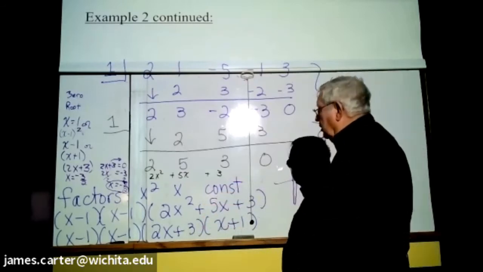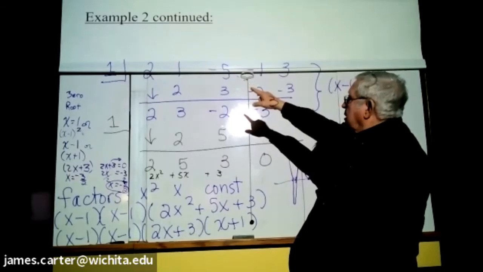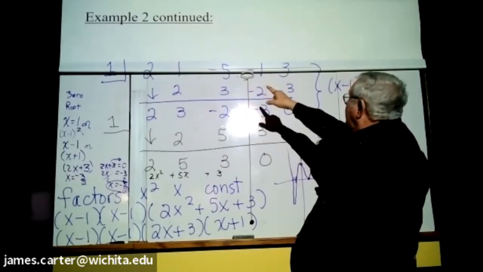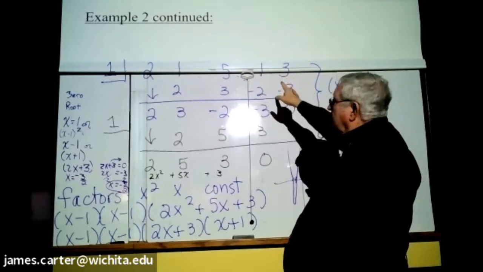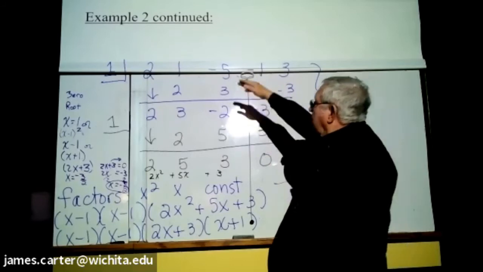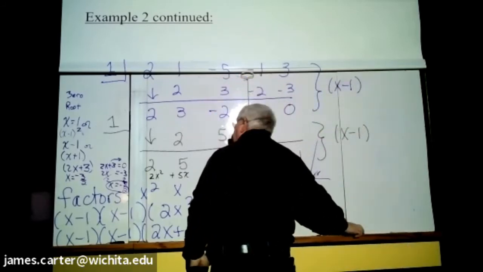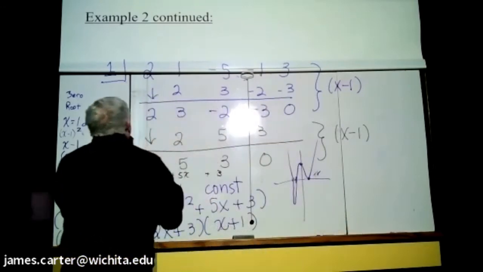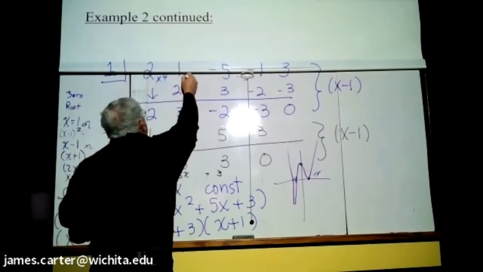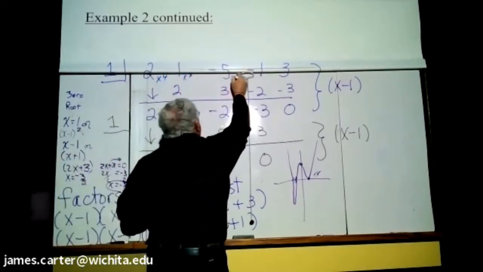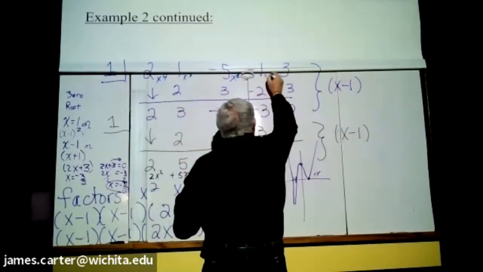We take an original equation, 2x to the 4th plus x to the 3rd minus 5x squared minus x plus 3, and we break it down 1 degree. This was x to the 4th, x to the 3rd, x squared, and x.